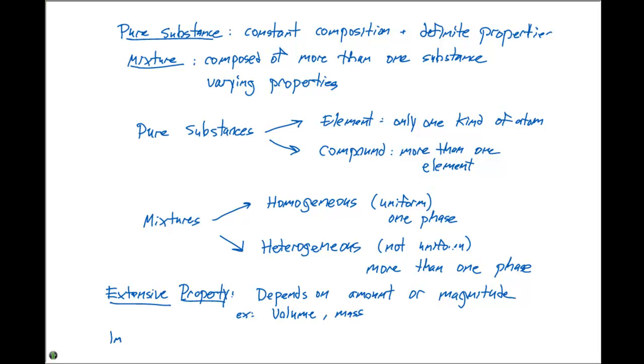An intensive property is independent of the amount. And an example of this type of property would be temperature or density.